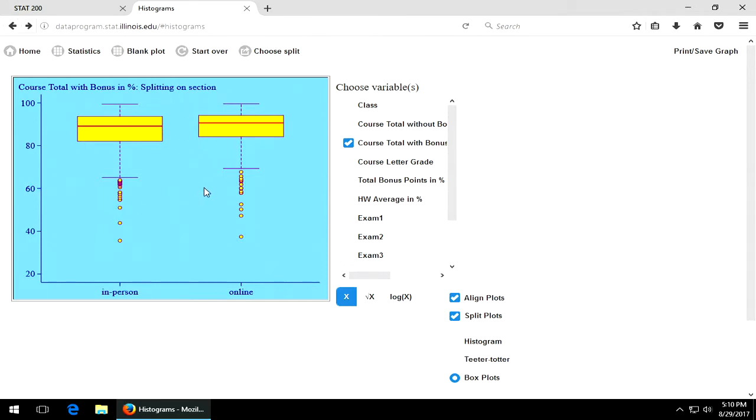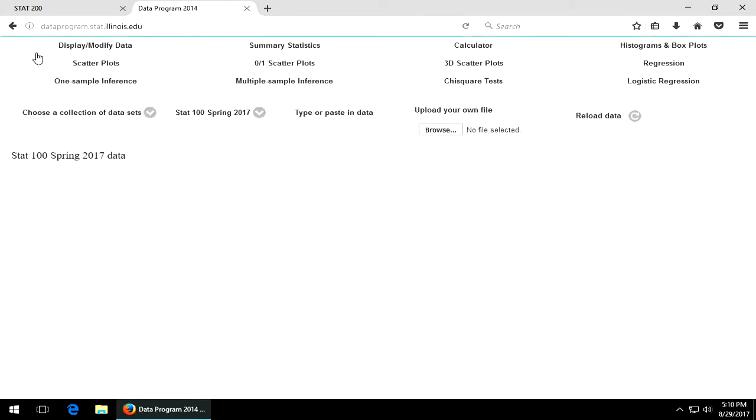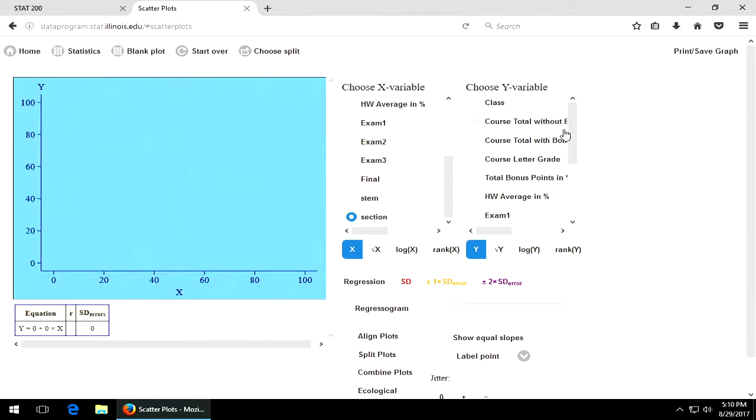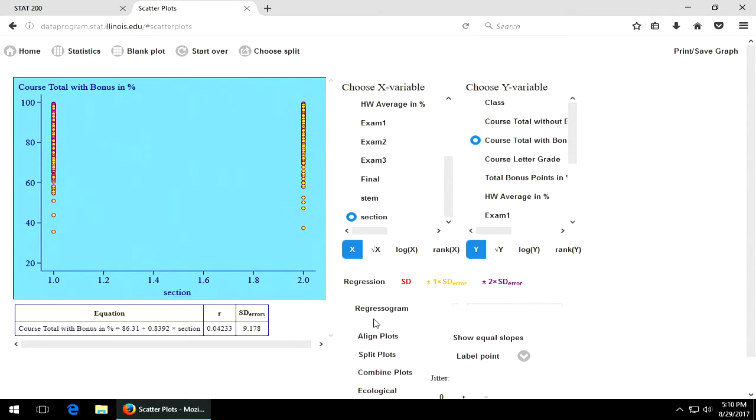A third way of visualizing it would be the scatter plot. If we went to the scatter plot and chose the x variable as section, which section you're in, and the y variable as course total with bonus, then here are the averages, and if you draw a regression line, it looks pretty flat, with a very small correlation coefficient here.